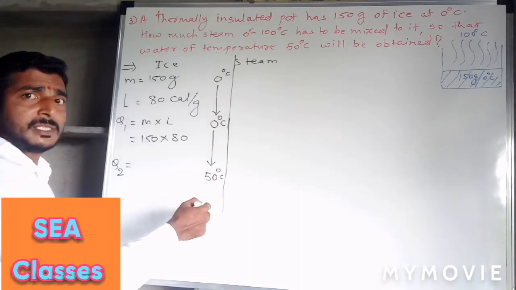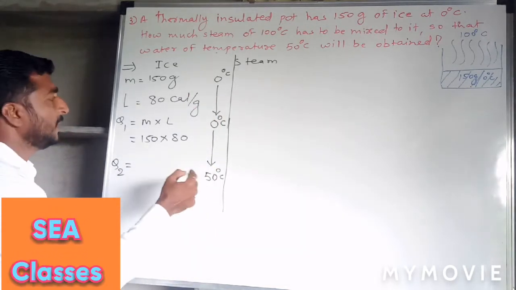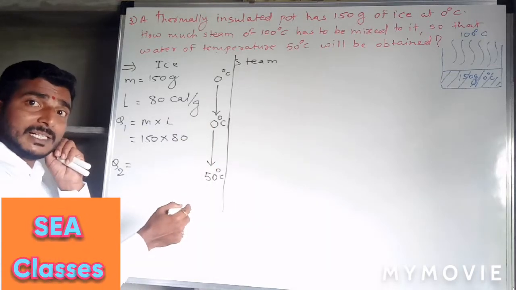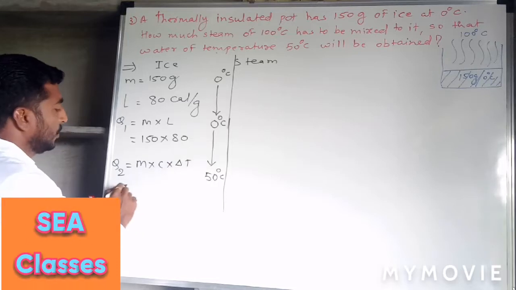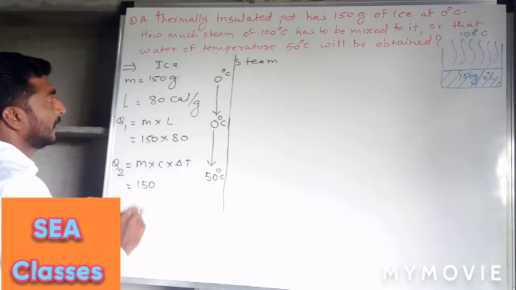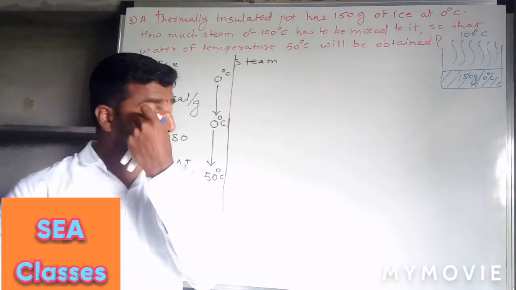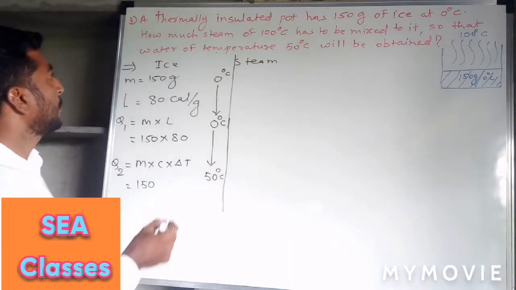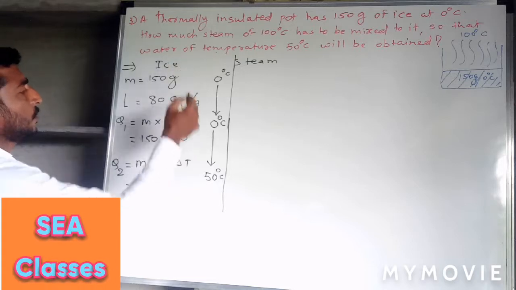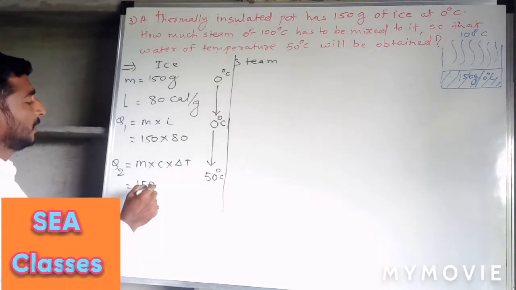There will be a specific heat and a change in the temperature, delta T. The formula is M into C into delta T. Here M is the same, because when the state changes, the mass of that material remains the same.